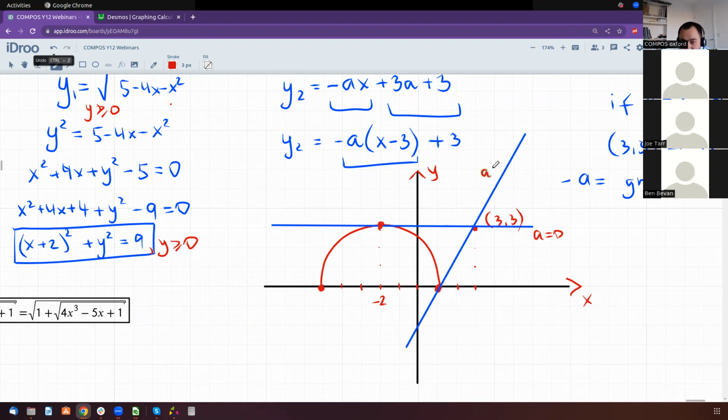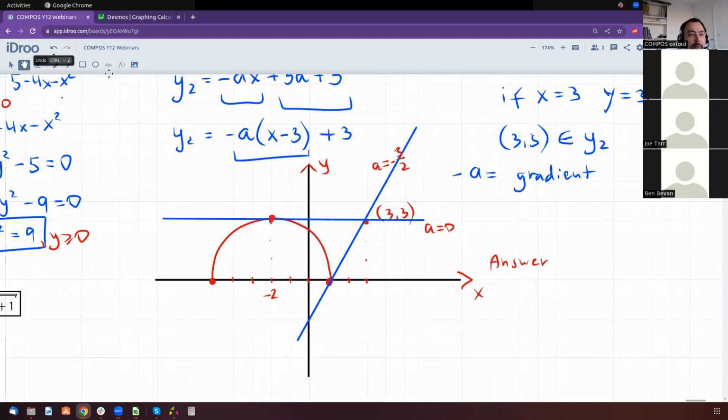And that means a is minus 3 over 2, because minus a is the gradient. So the answer is a equals 0, a equals minus 3 over 2.